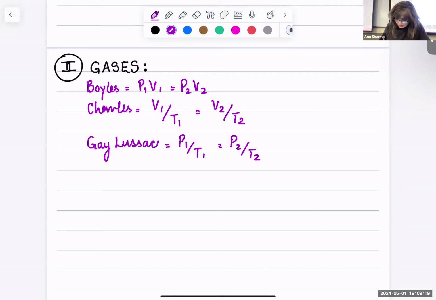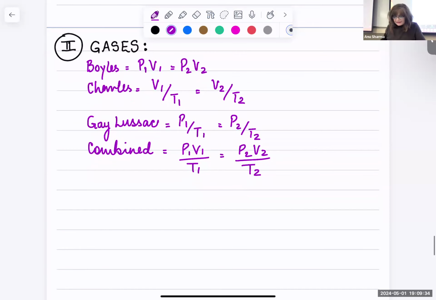The other one is the combined gas law: P1V1 over T1 equals P2V2 over T2. Then comes the ideal gas law and Avogadro's law.